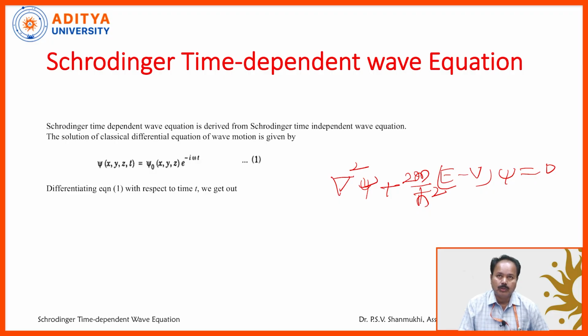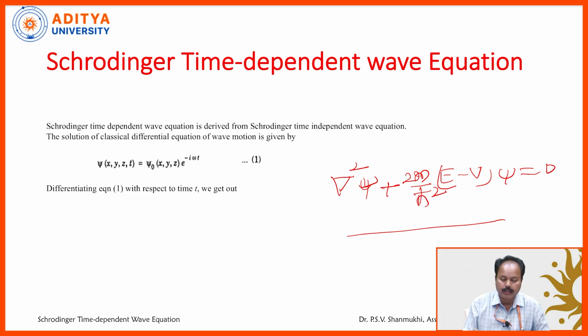Now coming to the derivation of the Schrodinger time dependent wave equation, we can derive this by using the Schrodinger time independent wave equation. The Schrodinger time independent wave equation is given by del square psi plus 2m by h cross square (E minus V) into psi is equal to 0.